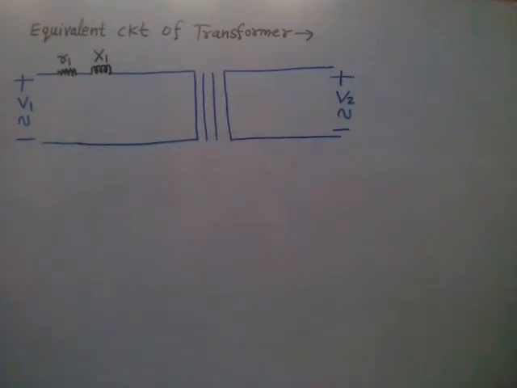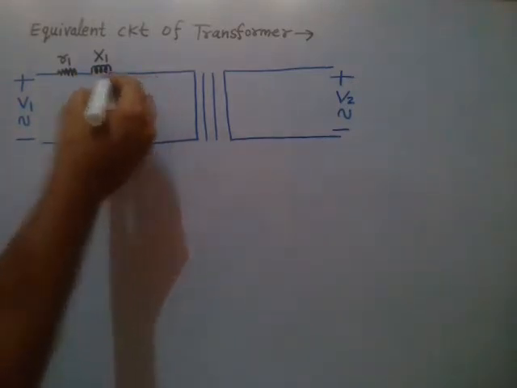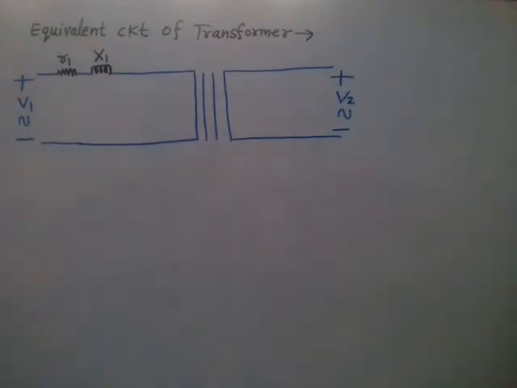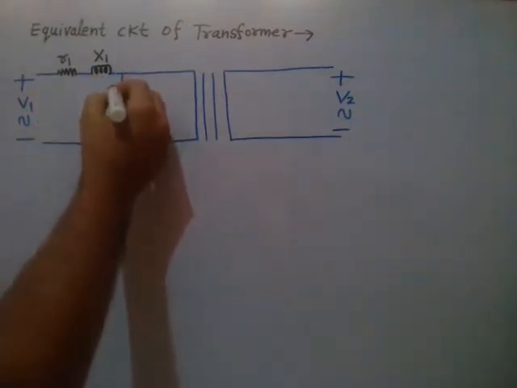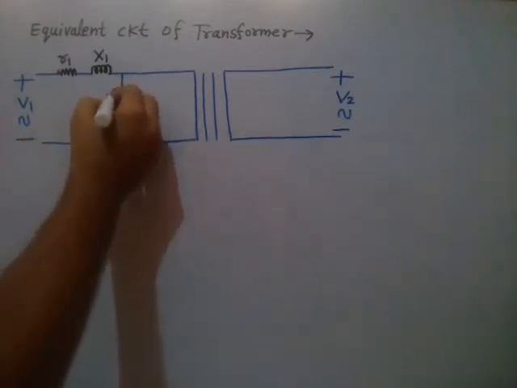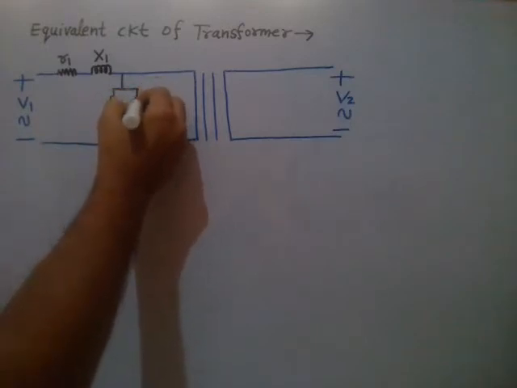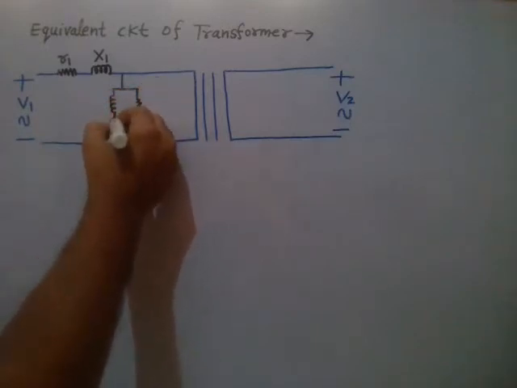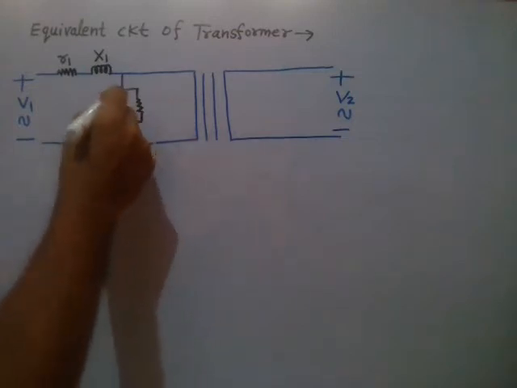So now to represent the iron core in between the primary and secondary winding, we will have a shunt branch consisting of an inductance like this.